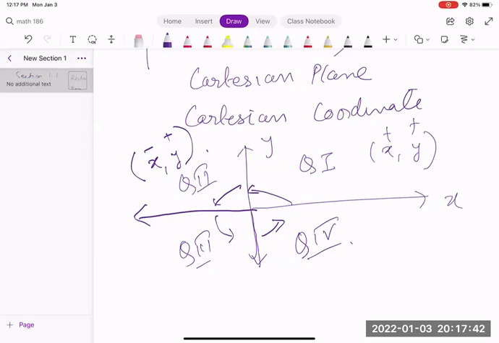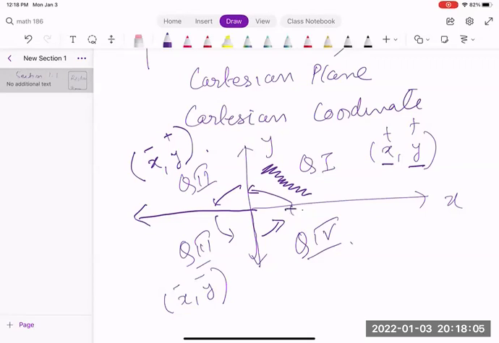X coordinate and y coordinate. We call this part your quadrants, and we call the x and y your coordinates. Then for the quadrant 3, we have x negative and y also negative.